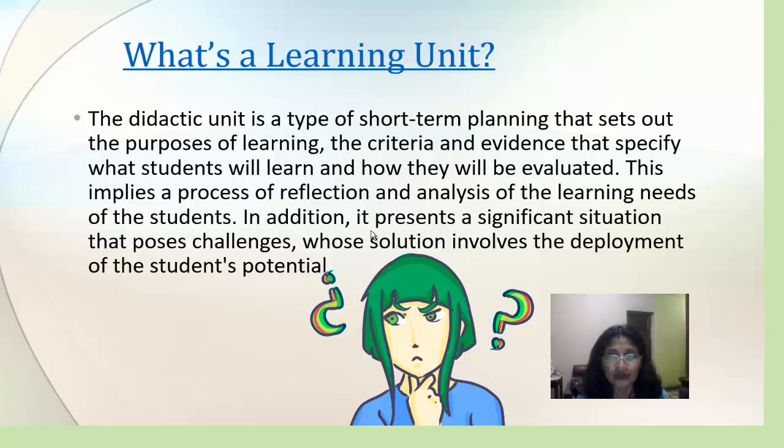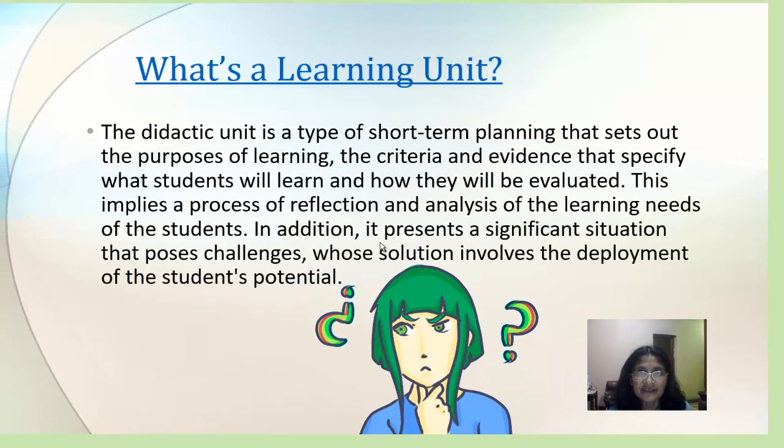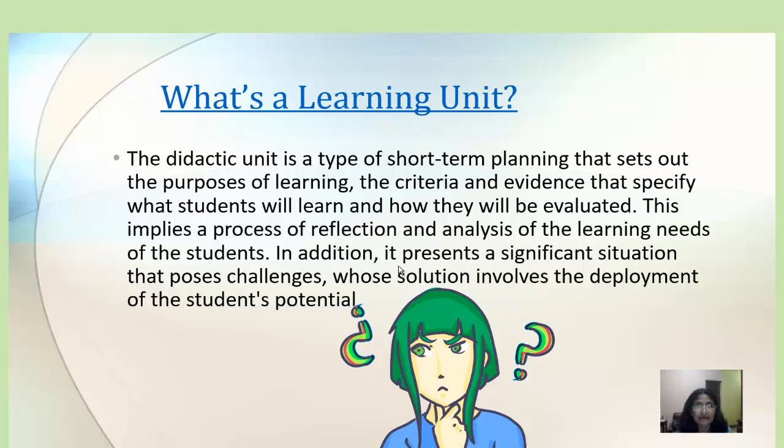Okay, so here, after the annual plan, we are going to find the specific unit that we're going to work for the first term, or the second term, but specifically how we are going to distribute that term.